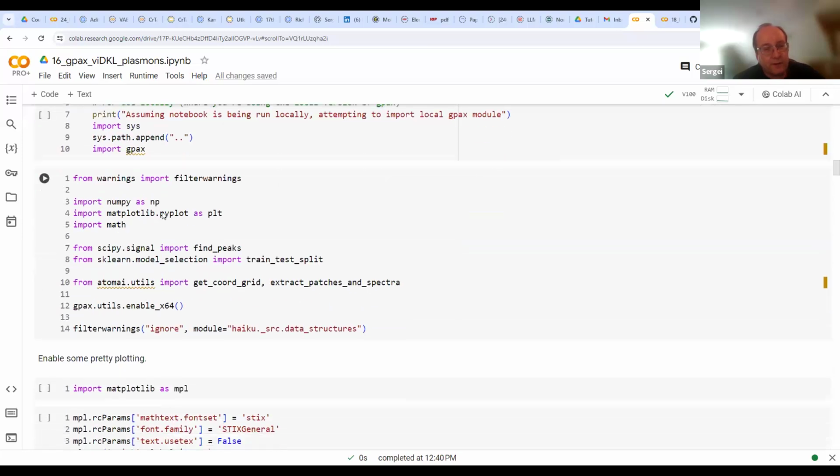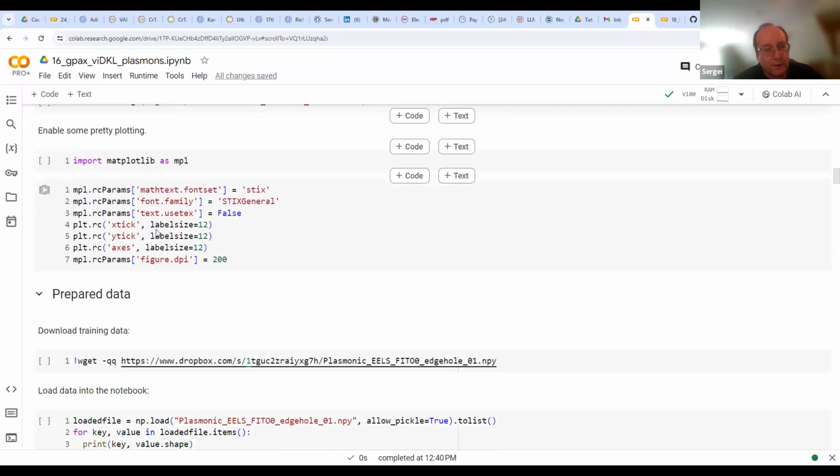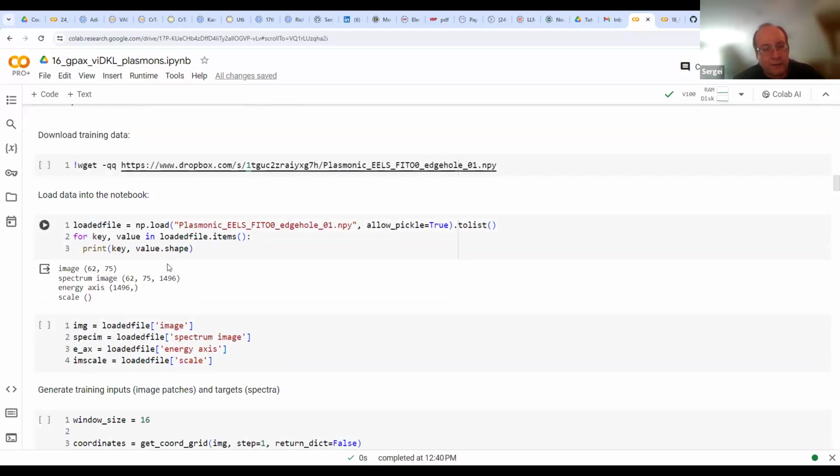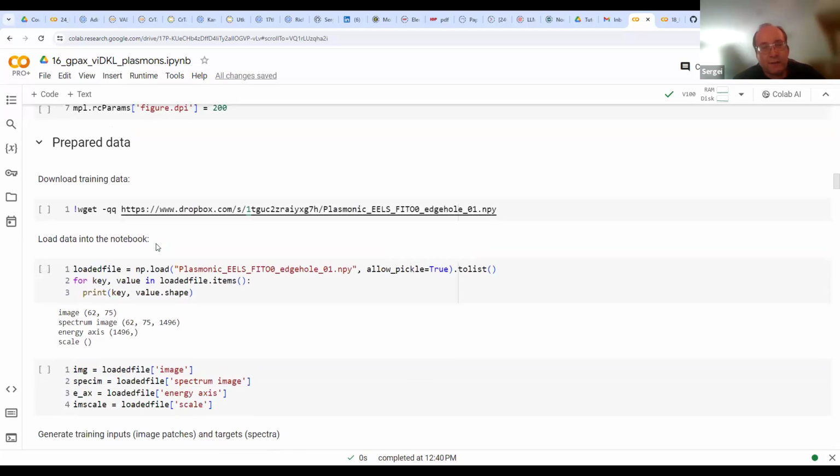These are some checks and library imports. So what are we going to have access to? We are going to have access to the electron microscopy data, which is just the EELS dataset. In this particular case, you will not have to deal with how to curate and parse the data.